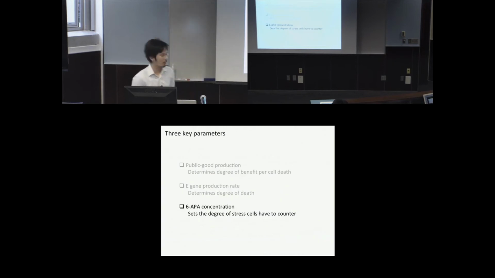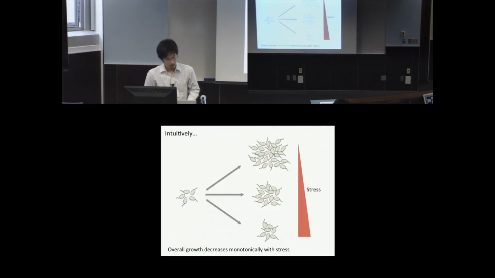And lastly, I changed the 6-APA concentration to see what happens. Intuitively, since 6-APA is an antibiotic or stress, if you increase stress, you'd expect the final growth to get smaller and smaller, right?